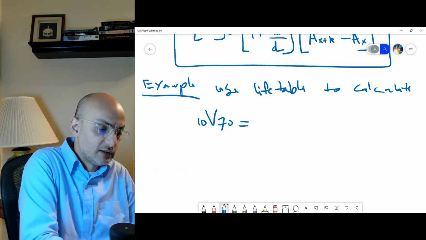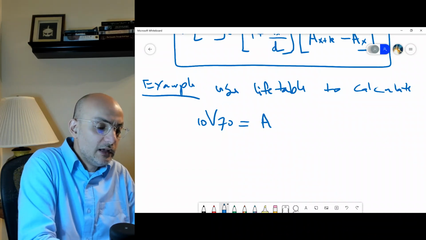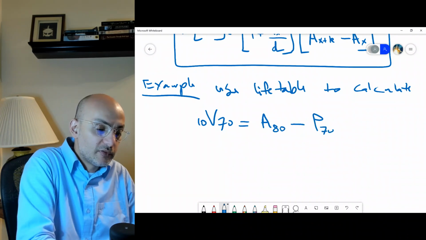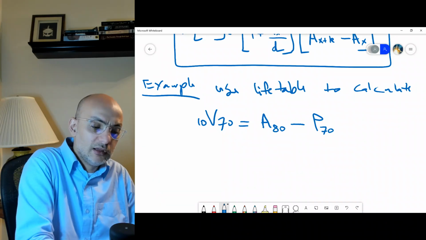So it's easy. We start with Ax plus k, 70 plus 10 is 80. Subtract from it the premium that was determined at time 70, at the time of issuance. So we see what is the expected payout, and we subtract from it the expected premiums collected.